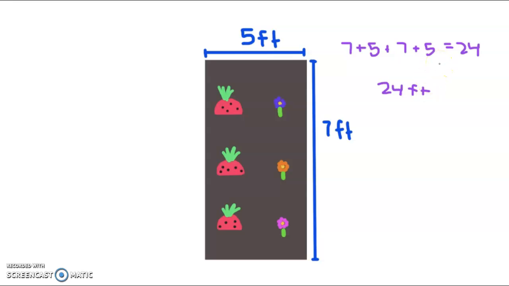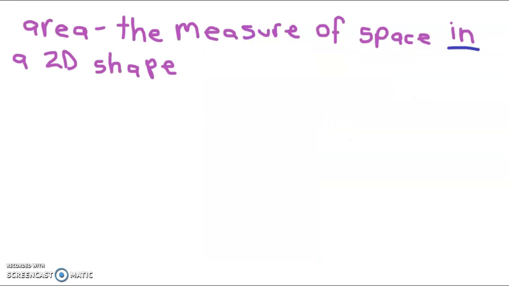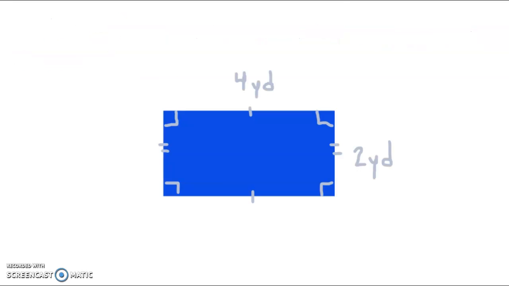So now we are going to be talking about area. Area is the measure of space in a 2D shape. To find the area, we multiply length by width. I'm now going to give you an example and we're going to find the area. So let's say I have a rectangle with a length of 4 and a width of 2.